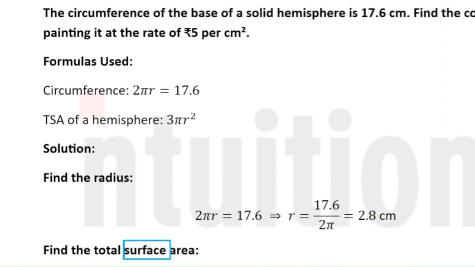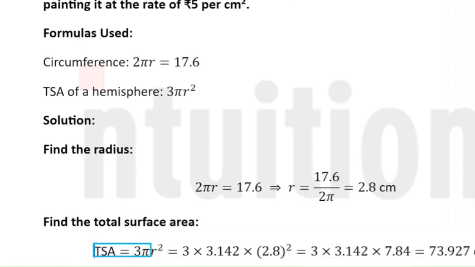Find the total surface area. TSA equals 3 pi r squared equals 3 times 3.142 times (2.8) squared equals 3 times 3.142 times 7.84 equals 73.927 cm squared.